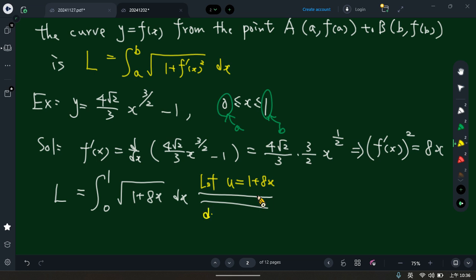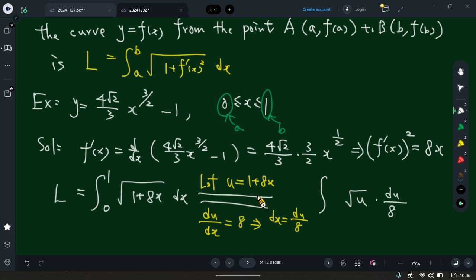Then du is 8 dx, so dx equals du over 8. The form becomes the square root of u times du over 8.